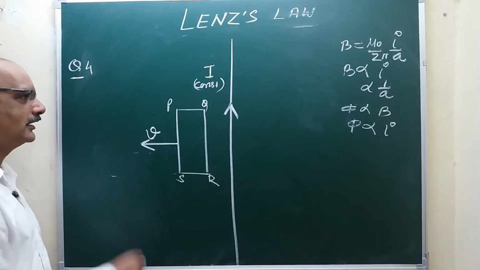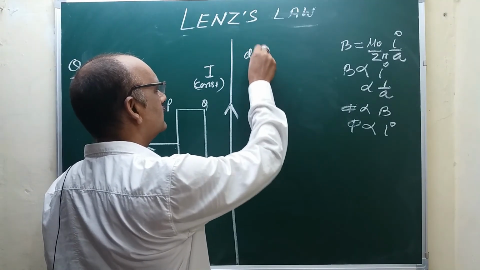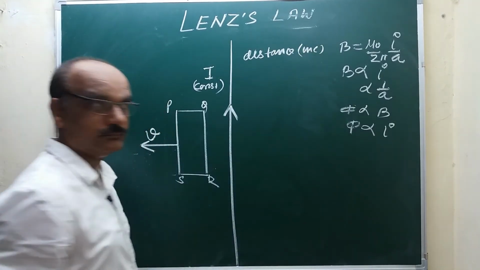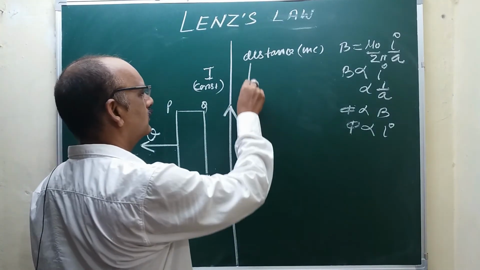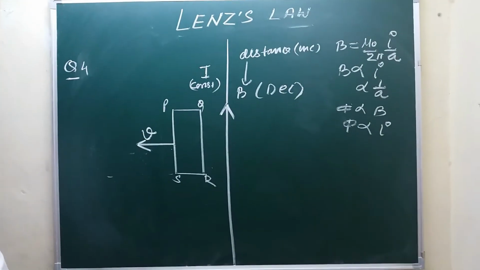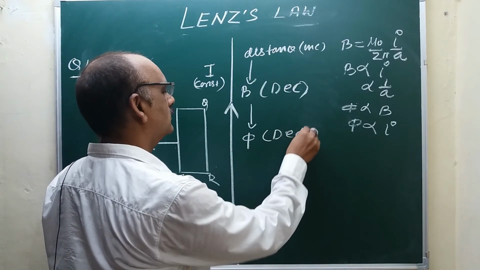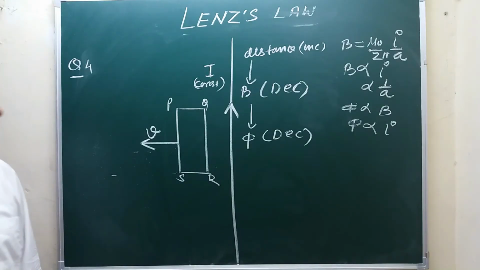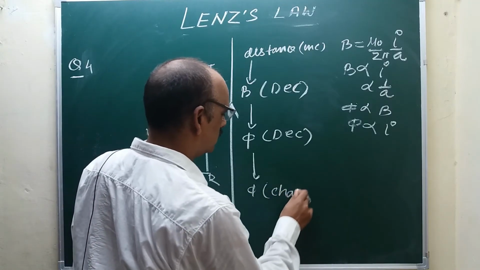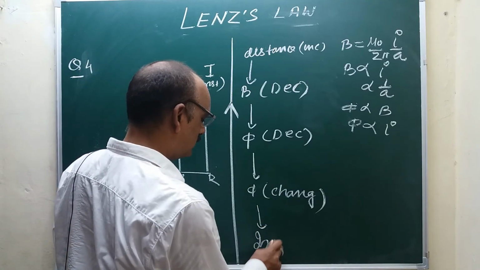As this coil is moving in this direction, what is happening? Here the distance is increasing, so B is decreasing, phi is decreasing, that is, phi is changing and there is induced current.